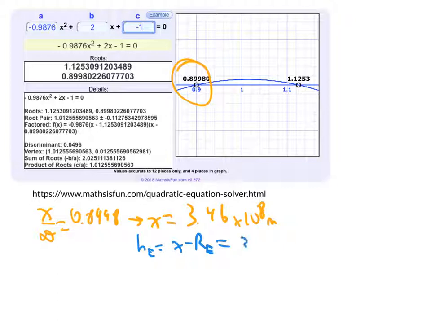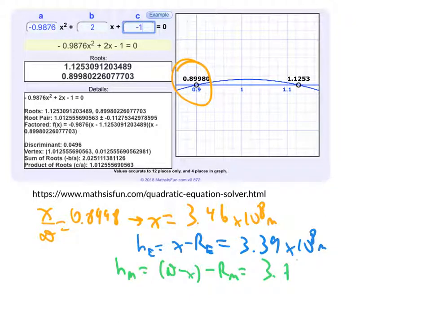So we get something like 3.39 times 10 to the 8 meters, which is incomprehensibly large. And then likewise, the height above the surface of the Moon would be d minus x minus the radius of the Moon, and that turns out to be 3.73 times 10 to the 7 meters above the Moon.